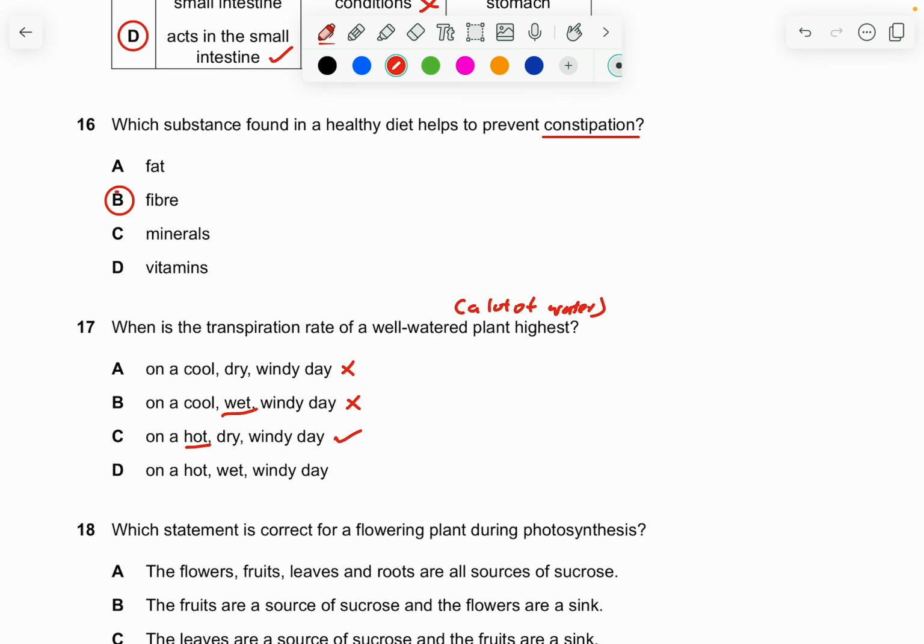And when the atmosphere is really dry, the water potential inside is significantly higher, so water moves out through the stomata. On a windy day, it blows the moisture from the plant away. So you can see how we determine that this is the highest transpiration rate possible. So the answer is C.